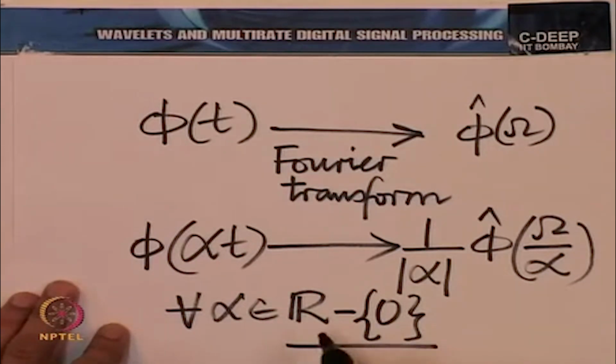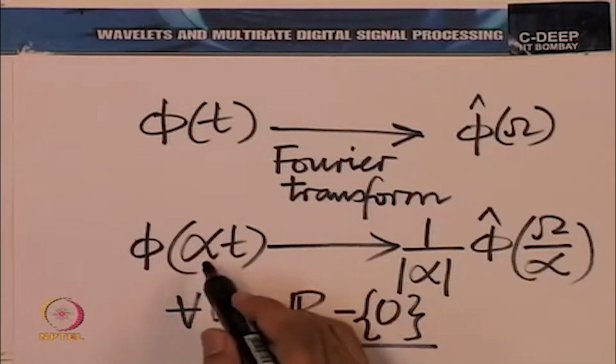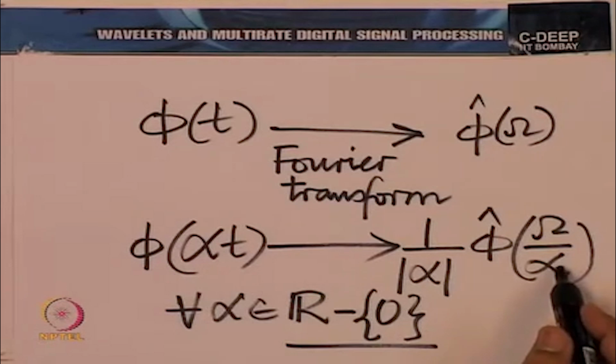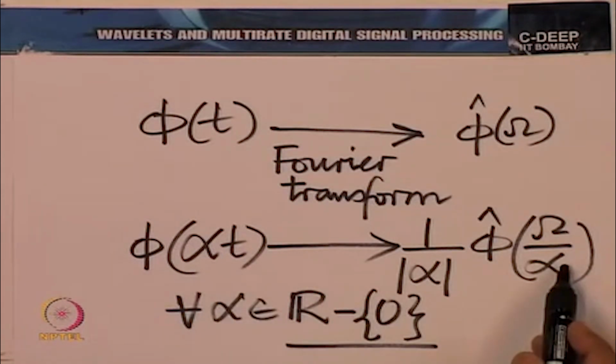This notation says all real numbers except 0. Of course, alpha can't be 0. So, for example, even if alpha is negative, we can use this. In particular, if alpha is minus 1, we have a reflection of the Fourier transform as well.